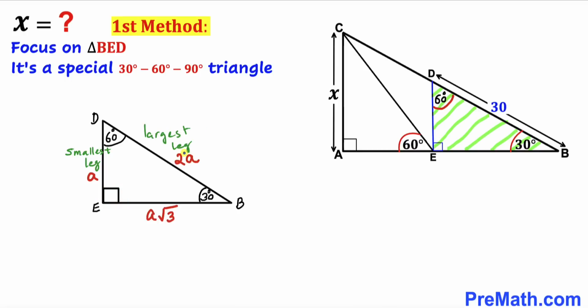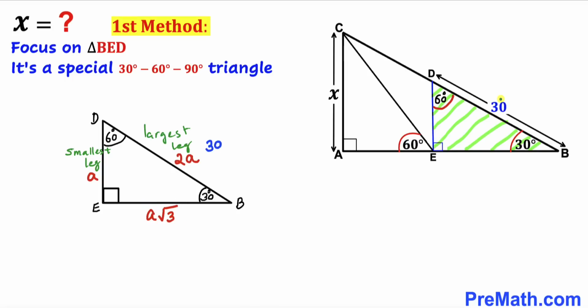In such a right triangle, the largest leg is twice the smallest leg. If this side is A, then this side has got to be 2 times A, and the third side is going to be A times square root of 3.